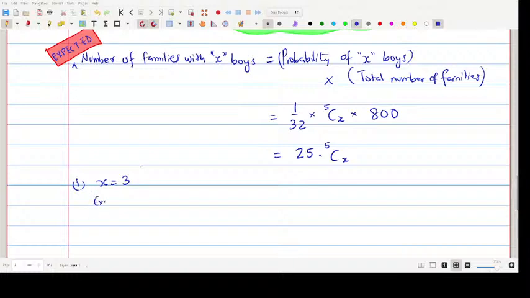So the expected number of families with 3 boys is equal to 25 multiplied by 5C3. So the value of X is 3 over here.